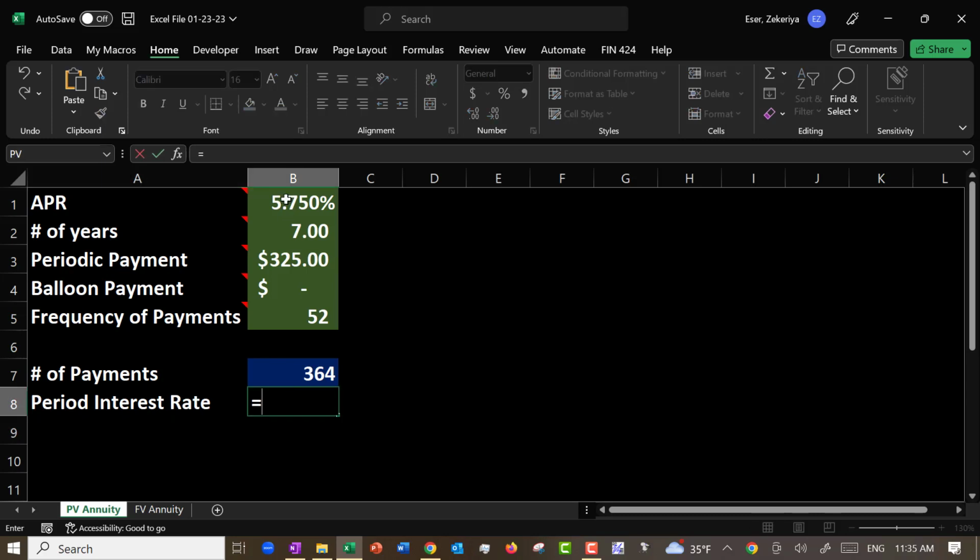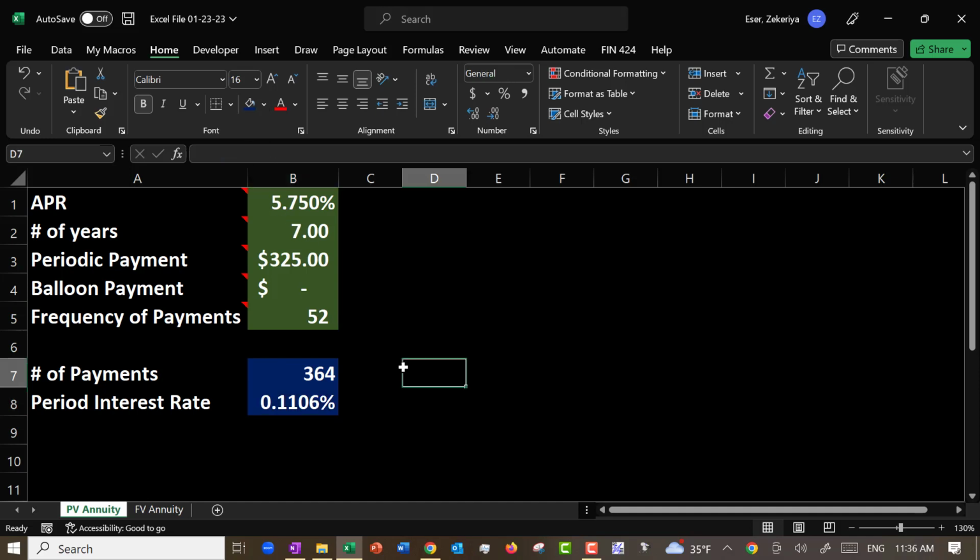Again, if you have an APR of 5.75% and it's weekly, and this is also percentage, I'm going to make that 4 digits. And it's blue as well.